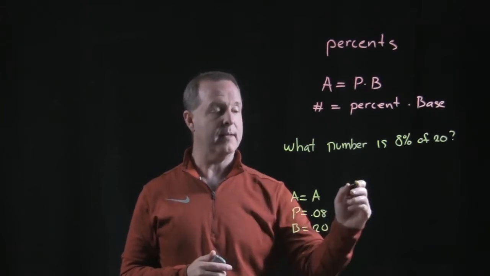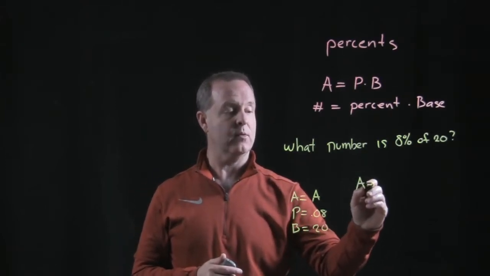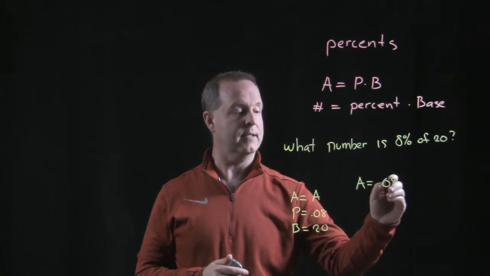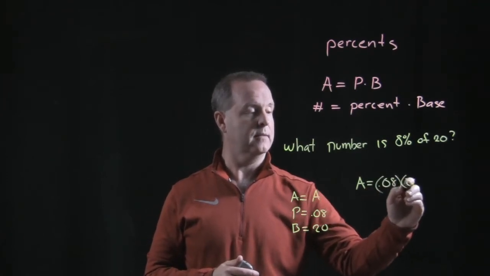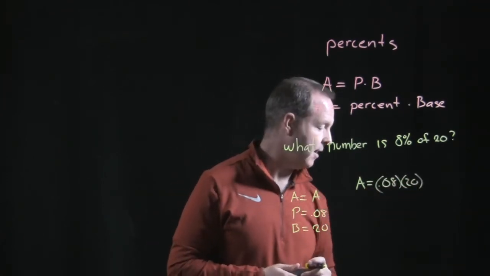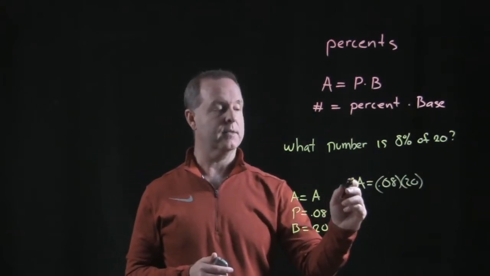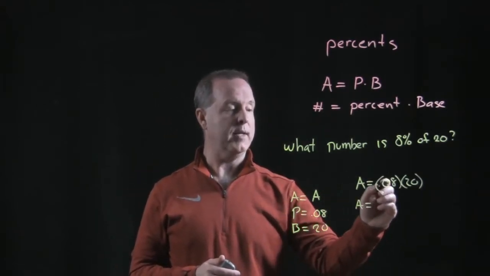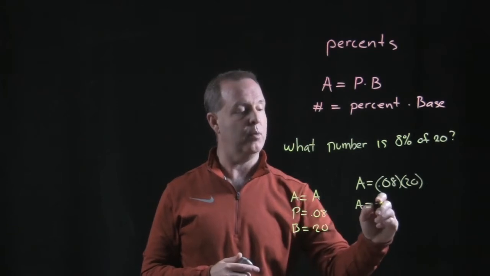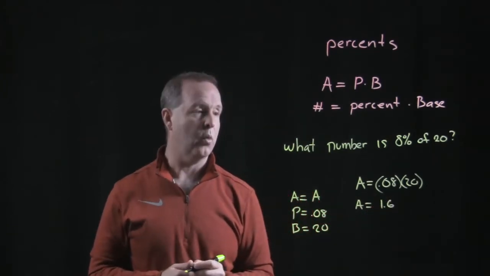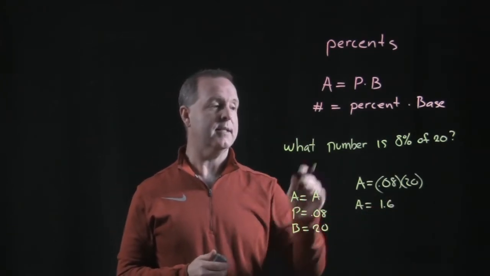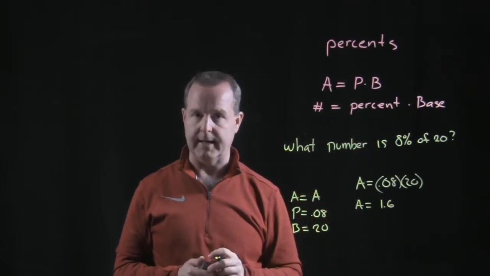So now I have a formula that says A equals 0.08 times 20. And then I could solve that down where my amount would equal 0.08 times 20, which is 1.6. So 1.6 is 8% of 20.